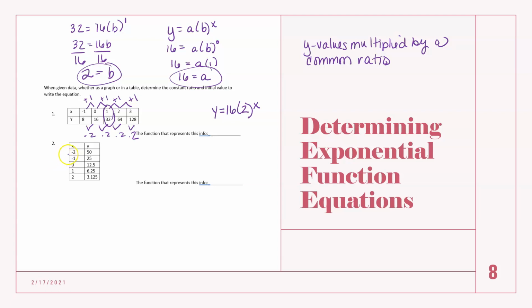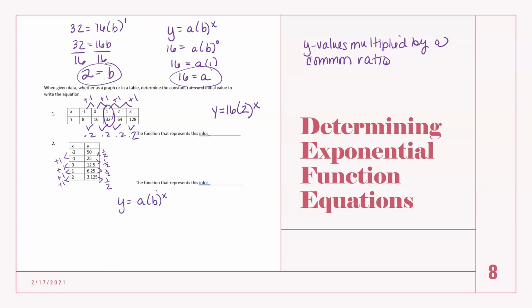All right, so let's look at the next one. My x's are increasing by 1. And then the common ratio here is you're multiplying by a half, times a half, times a half, all the way down. Okay, so let's do the same thing. We're going to use the parent.